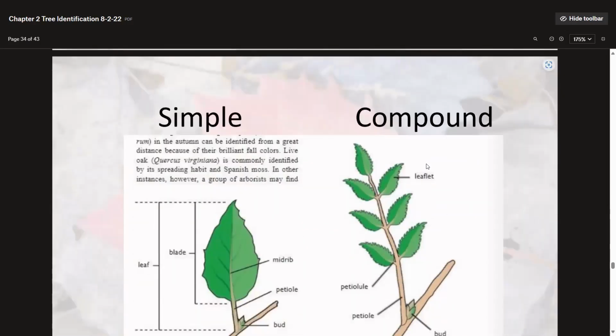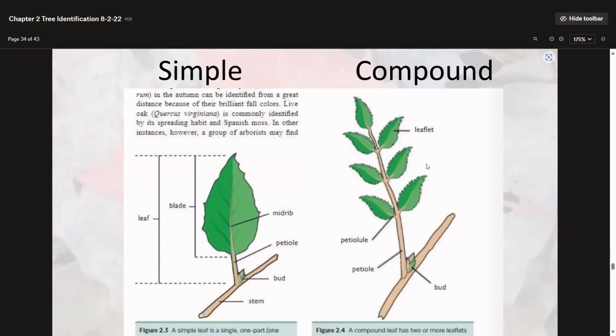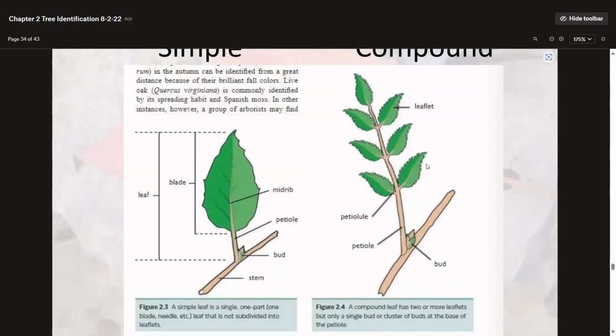Simple versus compound. This is right out of your textbook, okay? So there's your diagram of how a simple leaf looks on the left, right? The stem, you have your bud where the petiole comes off, right? The petiole attaches to the midrib, and then you have the blade and the entire leaf. On a compound leaf, you've got your stem, you've got where the bud comes off the stem, then you've got the petiole, which attaches to a rachis, right?